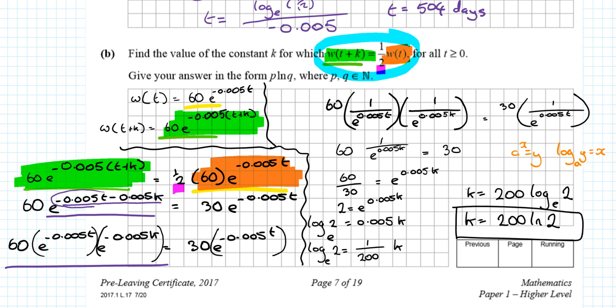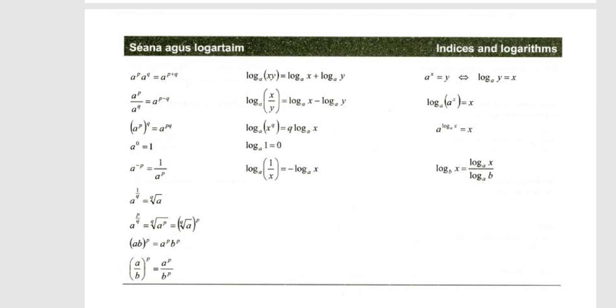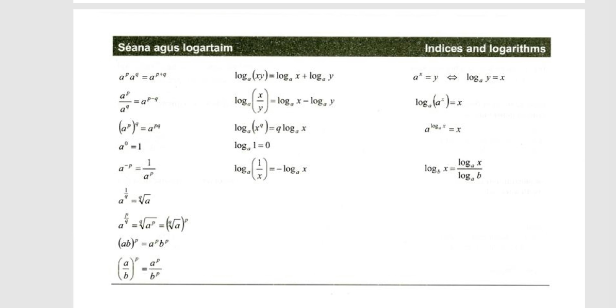There's a minus and a minus. So I want you to think of page 21 of the log tables and your indices rules, and the very first rule of indices. Actually, hold on, I might be able to get it up. Yeah, so here, page 21 of the log tables, top left-hand corner, rule number 1: a to the power of p plus q. So the powers are being added here.